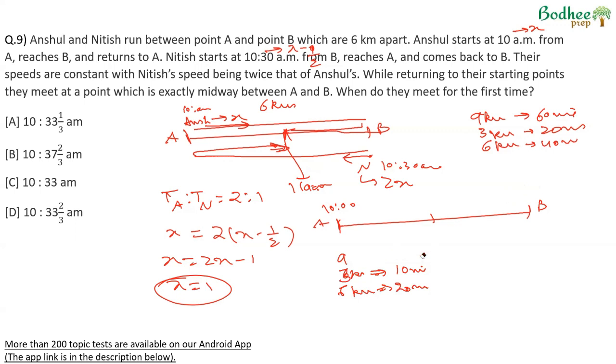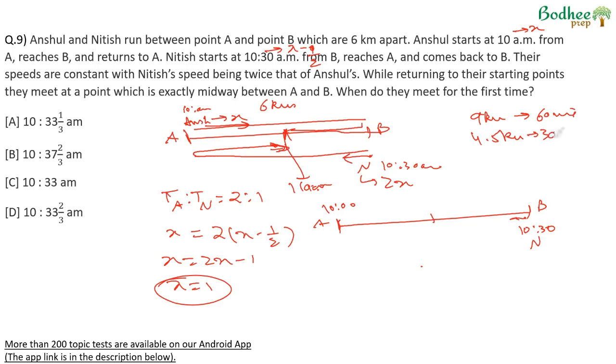Let us take ourselves one step behind. Let us see where Anshul is when Nitish starts to run. Nitish will start to run at 10:30. What is the distance that Anshul will cover in 30 minutes? Because he does 9 kilometers in 60 minutes, he would cover 4.5 kilometers in 30 minutes.